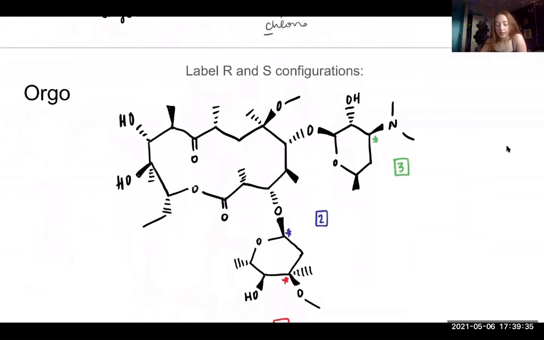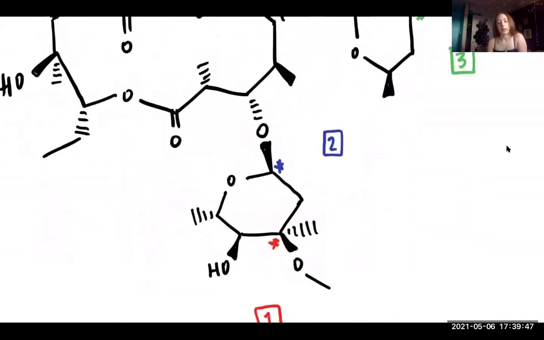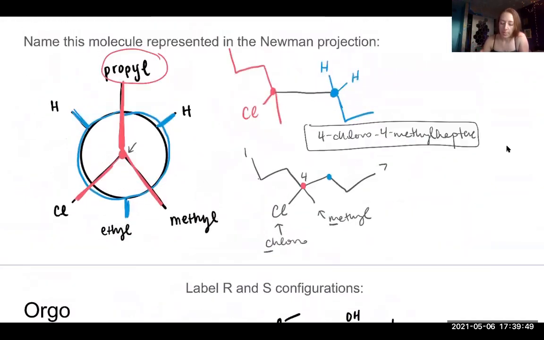So now we're going to attack this. I know it looks very scary. Okay. But it's not too bad, you guys. I've seen more awful ones. So typically you're going to get something like this. Oh, I'm sorry. We can go back for sure. Typically, for R and S, you're going to get one of those fat giant molecules on your exam, like you did on your quiz, is what I believe you're probably going to see.